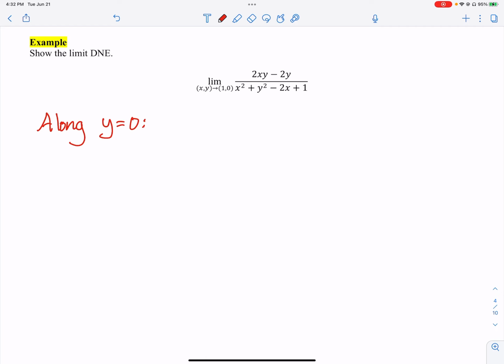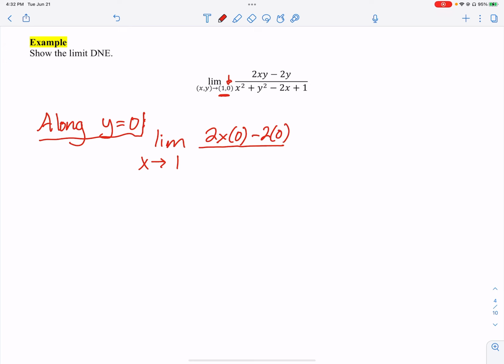All right, so along y equals 0, let's do that first. The reason we went with that is because the y is 0. So the limit as I keep my x and I approach the same number it was approaching, 1. And I replace 0 for all my y's. x squared plus 0 squared minus 2x plus 1. That gets me a 0 over x squared minus 2x plus 1.